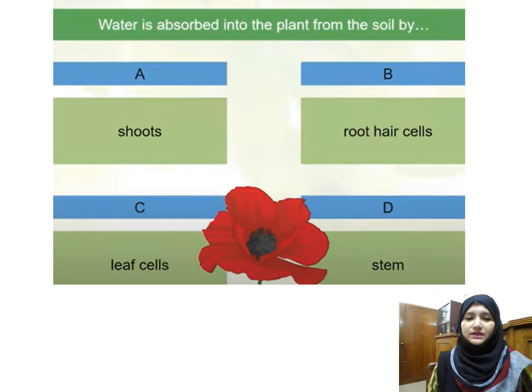The next one is water is absorbed into the plant from the soil by: A, shoots, B, root hair cells, C, leaf cells, and D, stem. We have already learned about that in chapter 4 also. The root hair cells are responsible for the absorption of water from the soil.